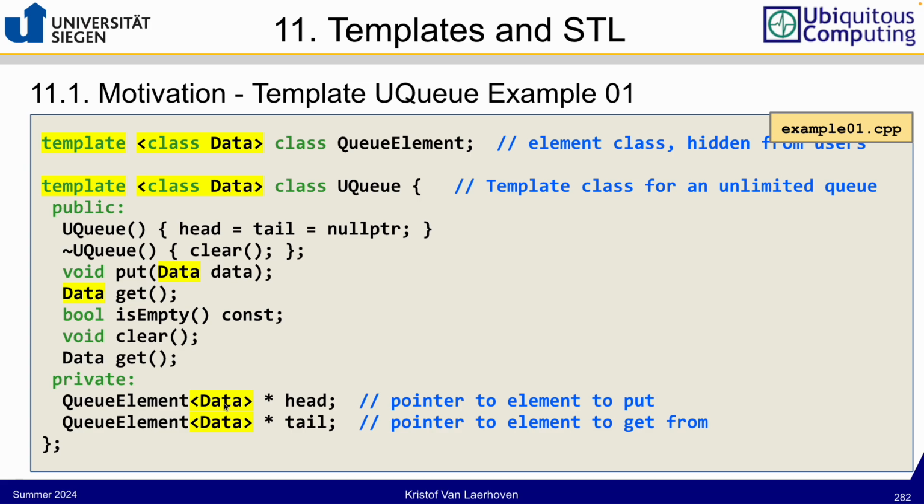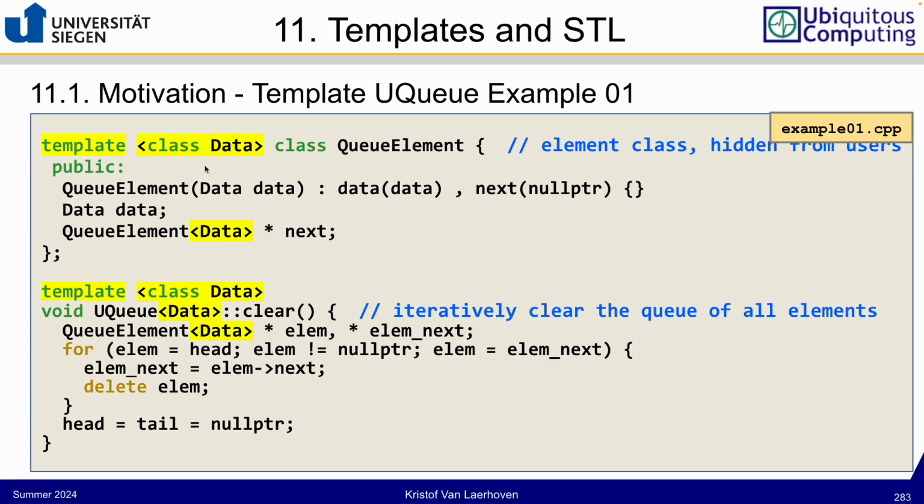And this is not as obvious as you would think, because basically our compiler has to go through this definition over here. And if later we choose to have a queue of integers, then data will be replaced with integers. But it also means that here we will have a queue element that is then also concretized, or specialized, as they call this, as an integer class. And this is what is then visible on the next slide.